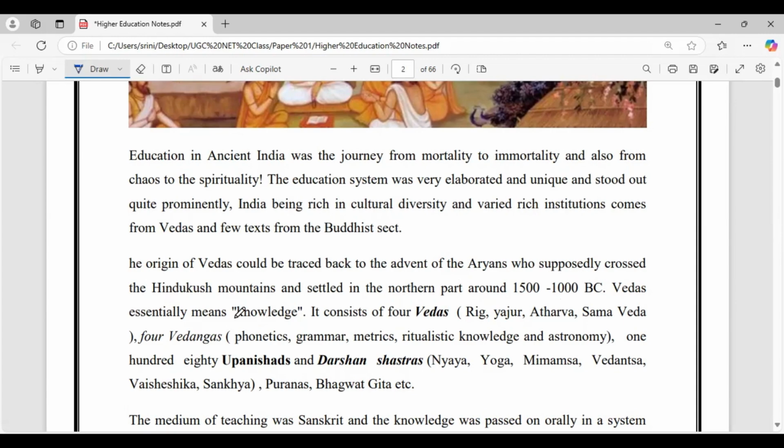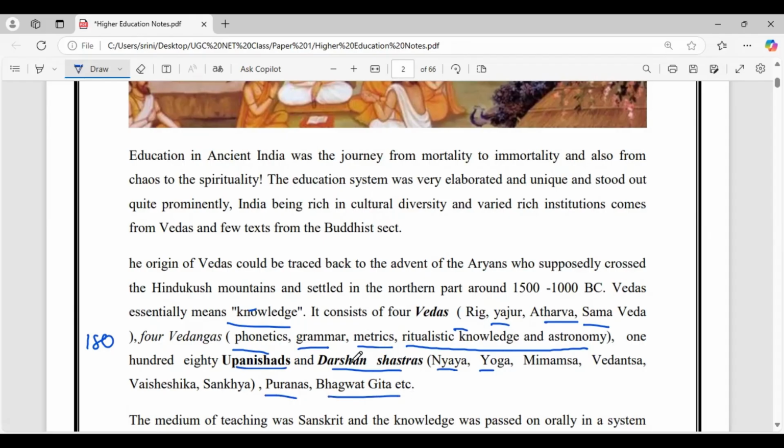Vedas essentially means knowledge. It consists of the Rig, Yajur, Sama, and Atharvana Vedas, and then the four Vedangas: phonetics, grammar, metrics, ritualistic knowledge, and astronomy. Then 108 Upanishads and Darshan Shastras such as Nyaya, Yoga, Mimamsa, Vedanta, Vaisheshika, Sankhya, Puranas, and the Bhagavad Gita.